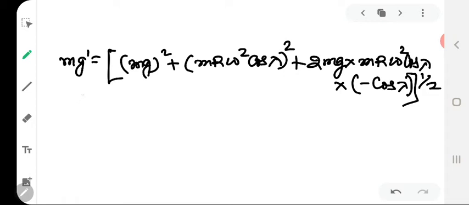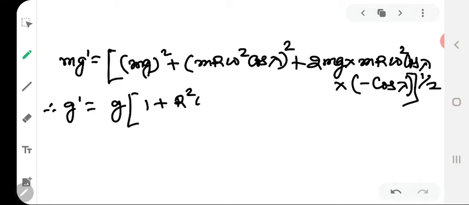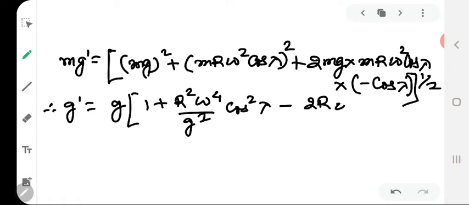So therefore, replacing m throughout, we get g dash to be equal to g times 1 plus r square omega 4 by g square cos square lambda minus 2r omega square by g cos square lambda raised to the power half. Since r omega square by g is very small, we can ignore the term containing r square omega 4 by g square.